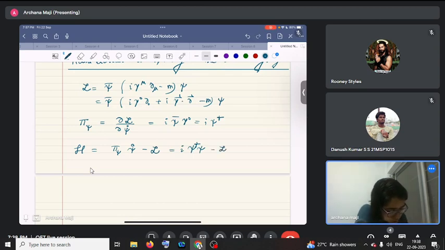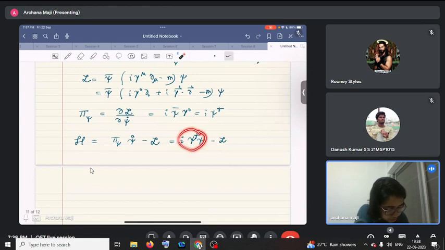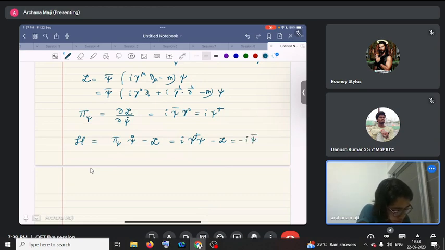Okay, so the Hamiltonian density will be pi psi dot minus L, which is i psi dagger psi dot minus L. So this term is same as this first term there. So therefore the Hamiltonian density will be minus psi bar (i gamma dot del minus m) psi.